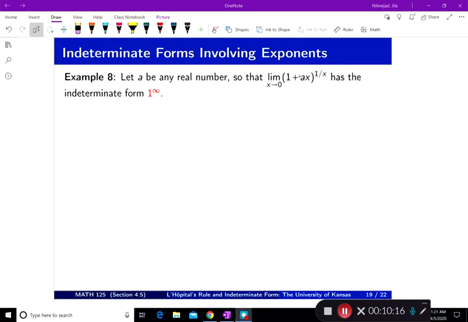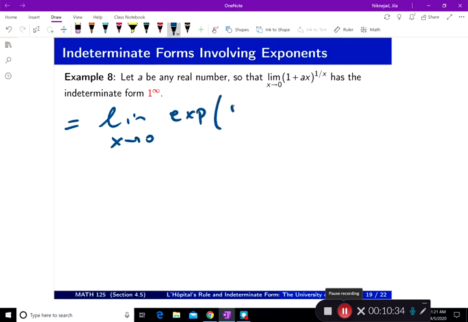We're going to do the same routine with any of those 1 to infinity, infinity to 0, 0 to 0. What I do is I write down the limit as x approaches 0, exponential, natural log of (1 plus ax) to the power 1 over x.